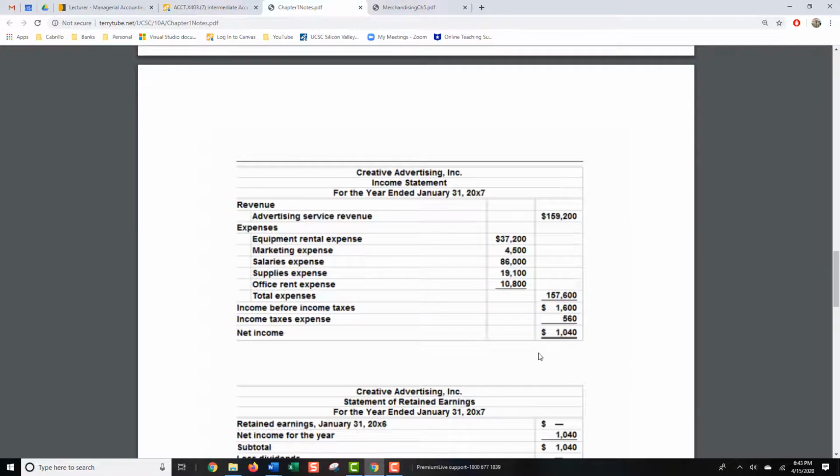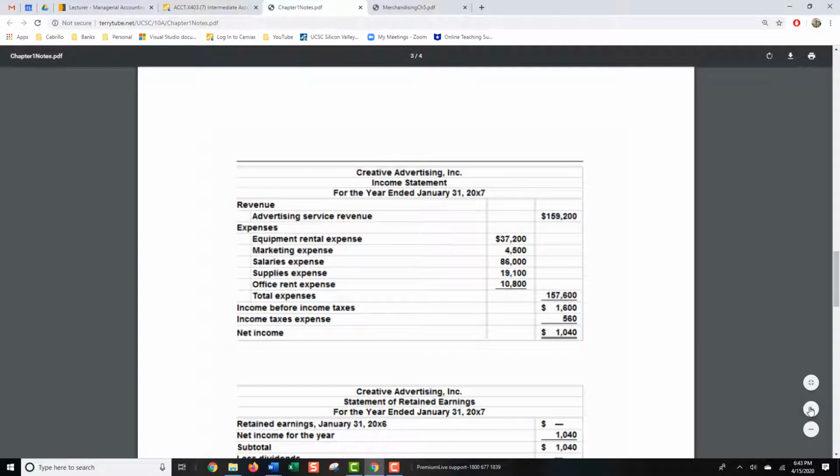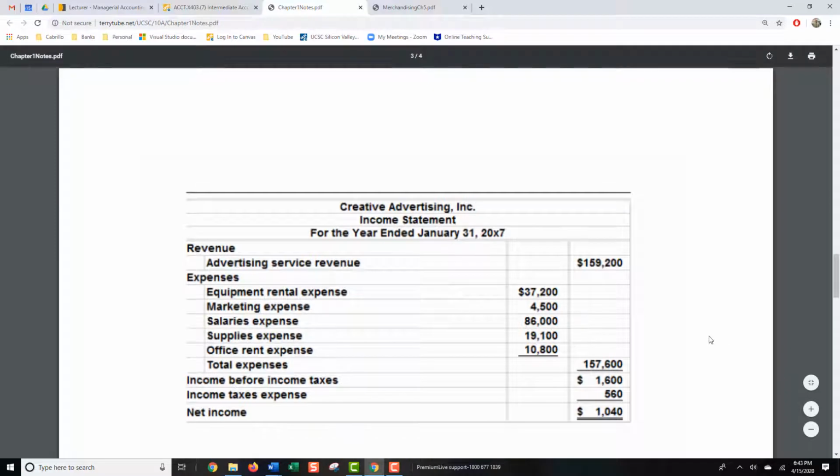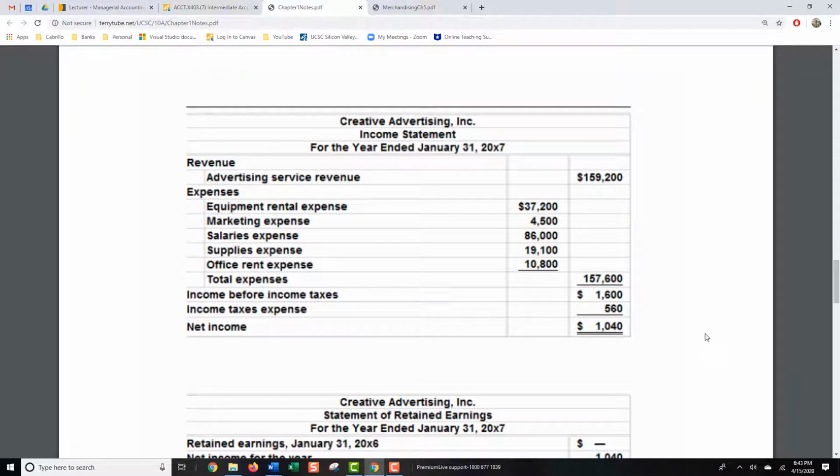Then the whole purpose of financial accounting is to produce financial statements for the outside world. The simplest is the income statement, and this would be for a service industry, because all you're doing is providing a service.